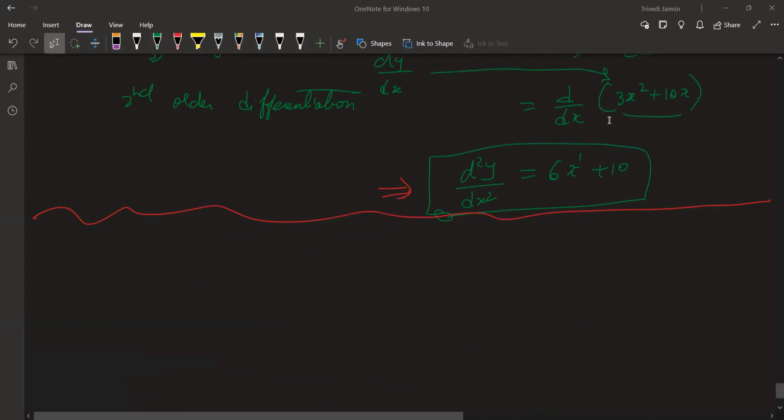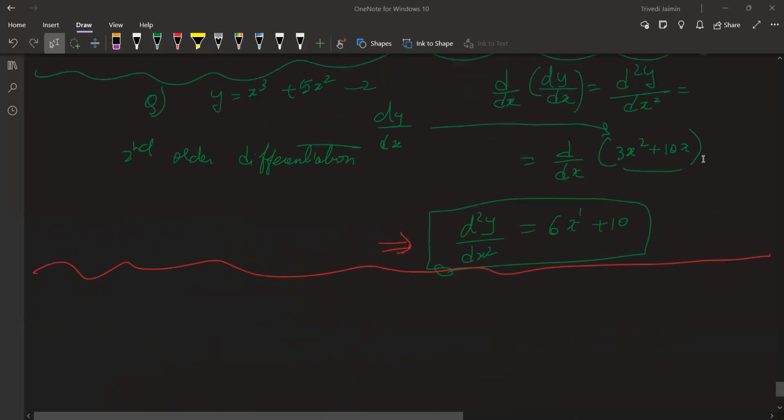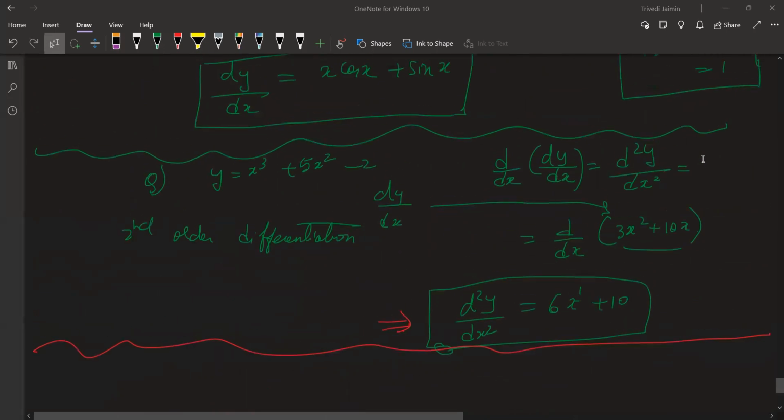Yes, Raman, tell me. This 3x squared plus 10x is actually like the velocity, and we are finding the acceleration. It's kind of like that, isn't it? Yeah, exactly. So we got this value and we are differentiating that value again.